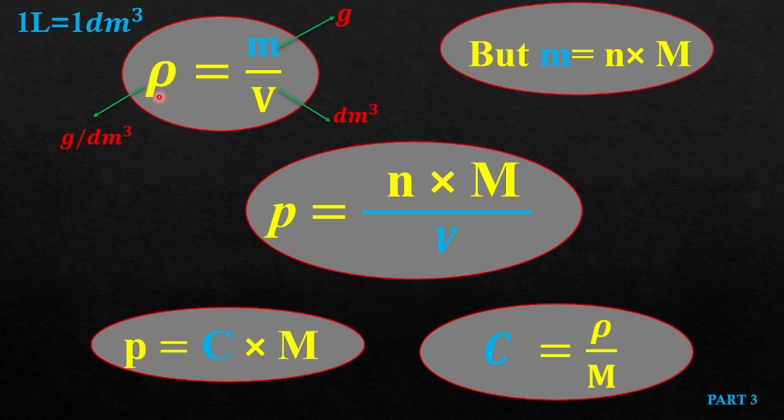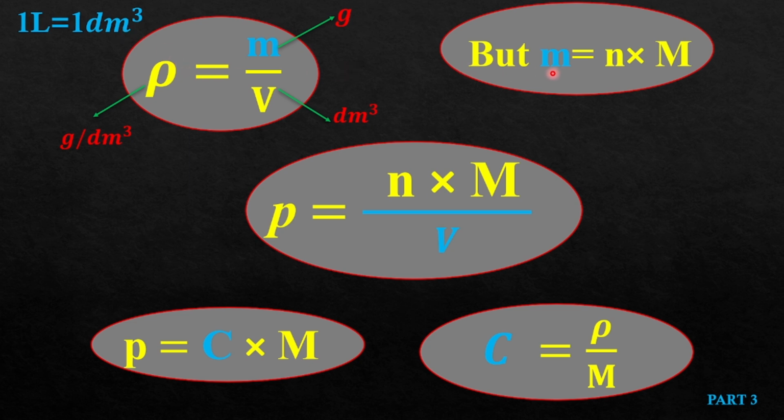So mass concentration here, which is P, is equal to mass over volume. Take note of this. Mass concentration has the unit grams per dm cube, or we can also say grams per liter, because 1 liter is equal to 1 dm cube.